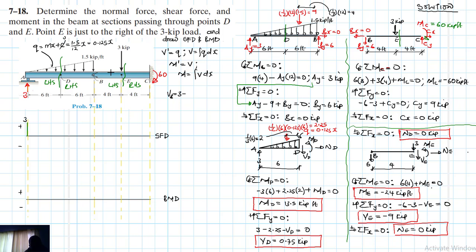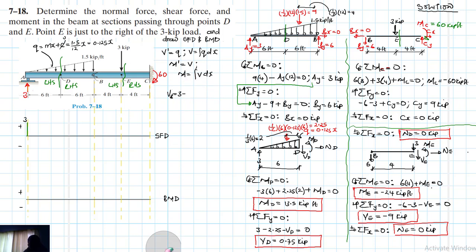So this minus the area there is just 1.5 by 6 by 12. Sorry, there's also a half there.